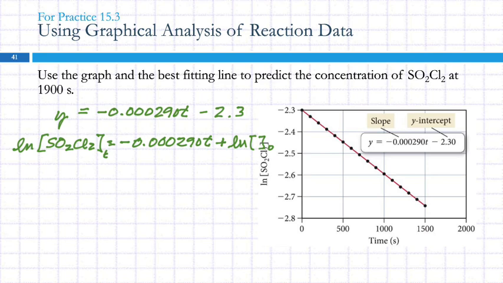So we know what that number is now. It's negative 2.30, actually. So if we want to know this concentration at a particular time, we're going to take the time and put it in here.